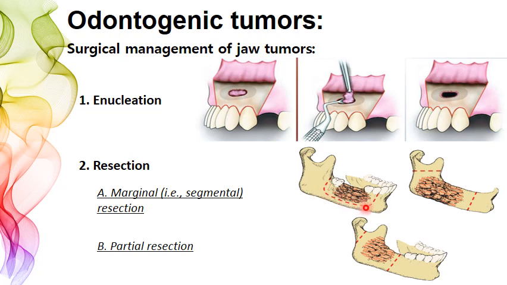Here, I'm leaving the inferior edge of the mandible intact without any breakage. So I'm removing the tumor above the inferior border of the mandible, leaving the mandible intact. This is called marginal, only taking the margin of the bone or a segment of the bone.